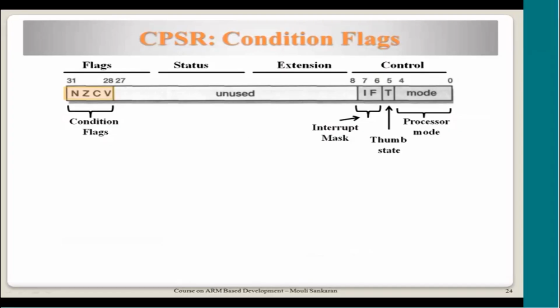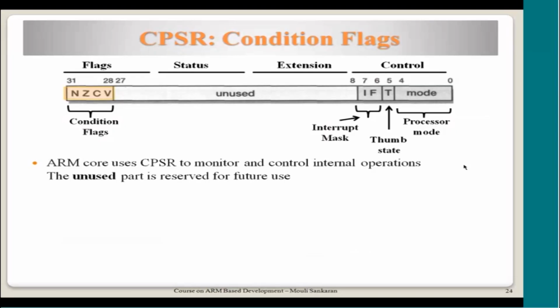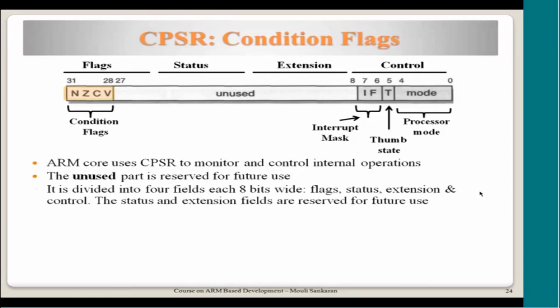Now these other bits are left unused, and we'll see what all these other bits mean. Normally in any processor, there will be some bits reserved for future use, so that the processor can be extended with the next family of ISA, and new instructions and new conditions can be added. So these bits are left unused.